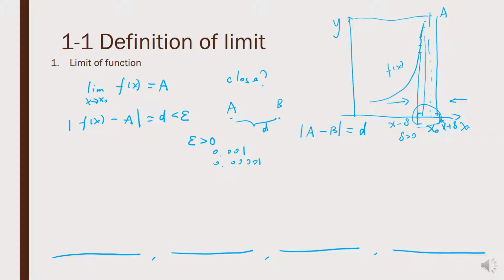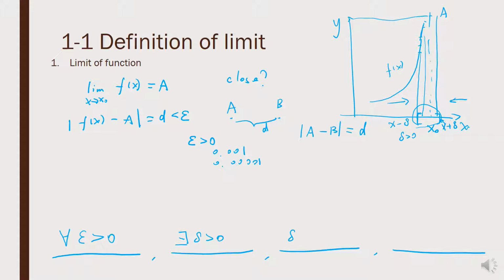All right, so here, you can imagine a very small number, which is epsilon, which is bigger than 0. So for any of them, there's always exist a delta, which is also positive, but it will give us a very small range. We call it a neighborhood in the calculus.